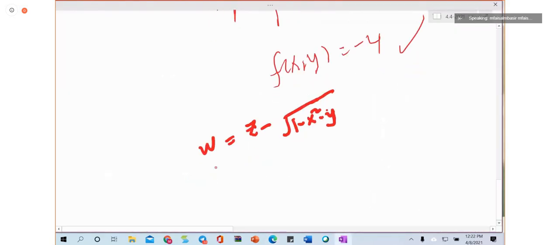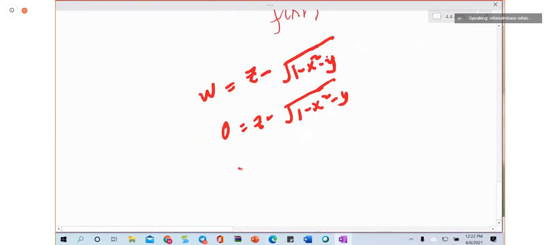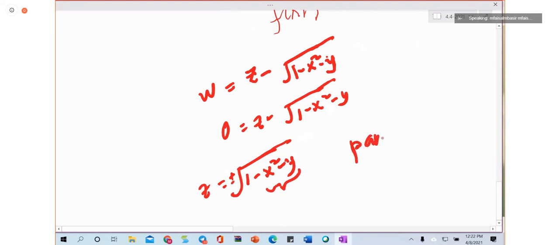So when w equals 0, first check again your question. Then you have, so which means maybe it is a parabola, right? So the base curve will be a parabola. And then just plus, which means just the upper side of the parabola.